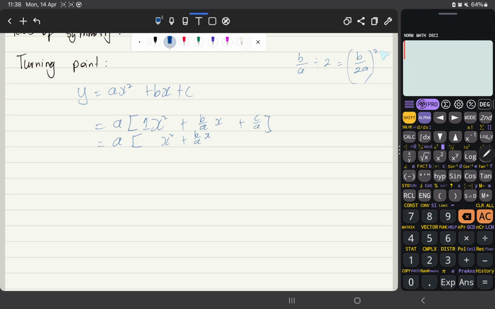You square the whole thing, and then you're going to add and subtract this thing. So we're going to say plus b over 2a squared minus b over 2a squared. Then you have plus c over a, close bracket.